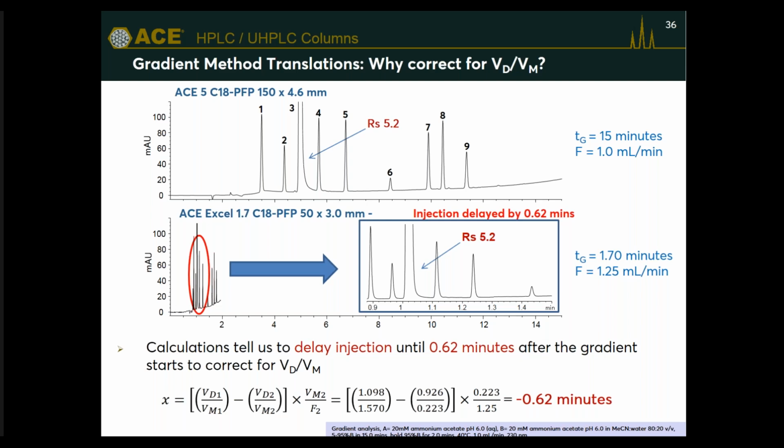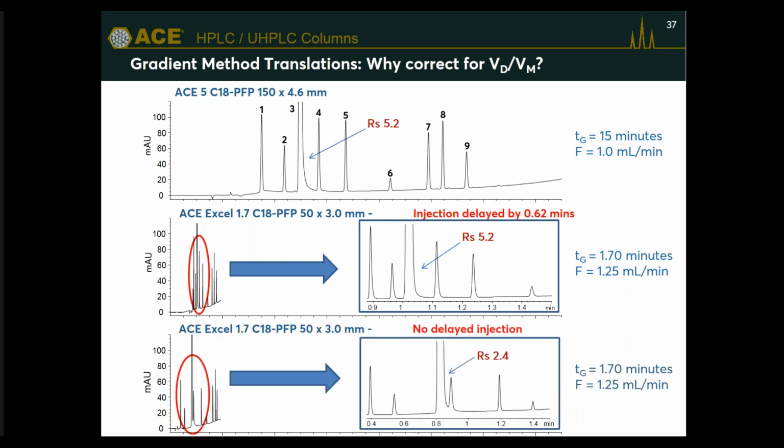Now, what happens if we don't include that correction for the dwell volume to column volume ratio? If we don't include that VD over VM correction, you can see we don't get the same selectivity. This is a very common area where people can't get good translations of gradient separations between different column formats, and it's typically because they don't include a VD over VM ratio correction.